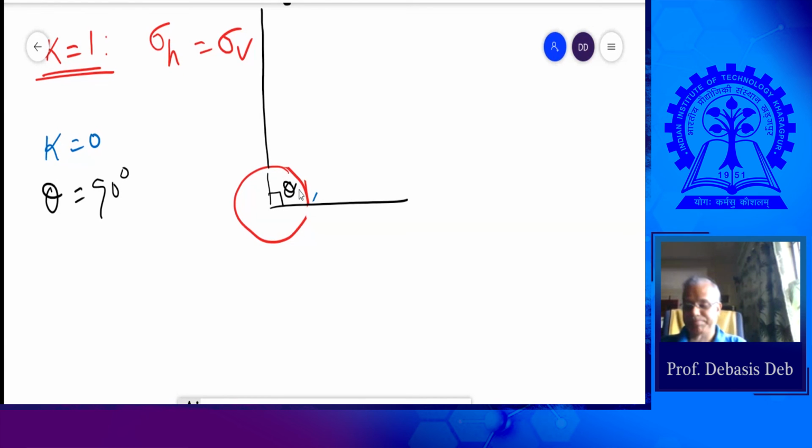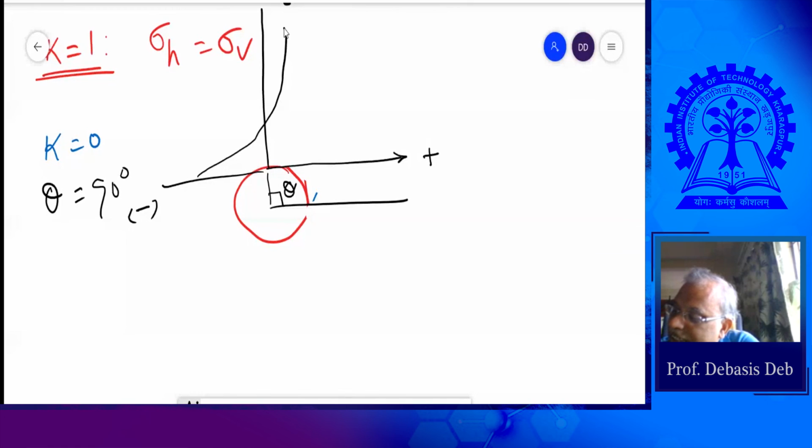Okay, 90 degree, what happened? You have seen this directional stress. Let's say I plot this side positive and this side negative. So this has happened something like this, and then it crossed and something like that happened.